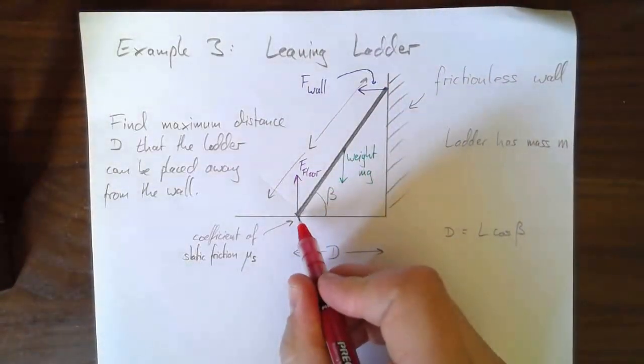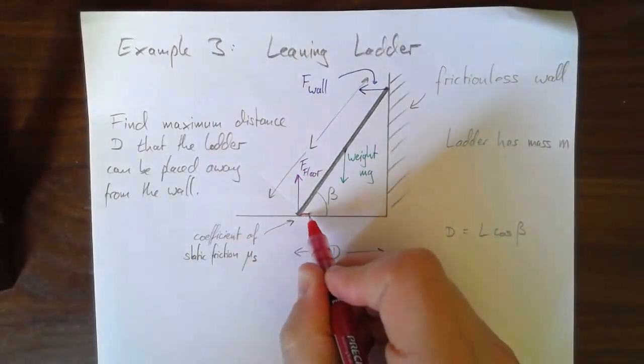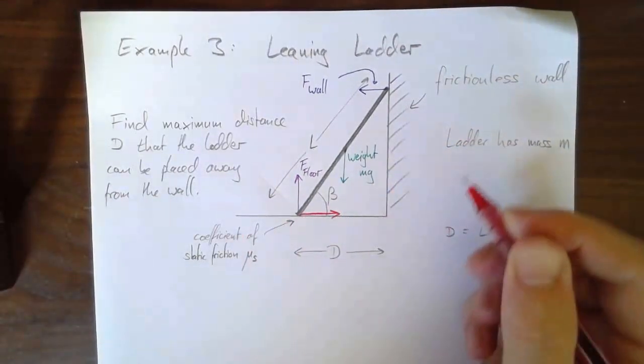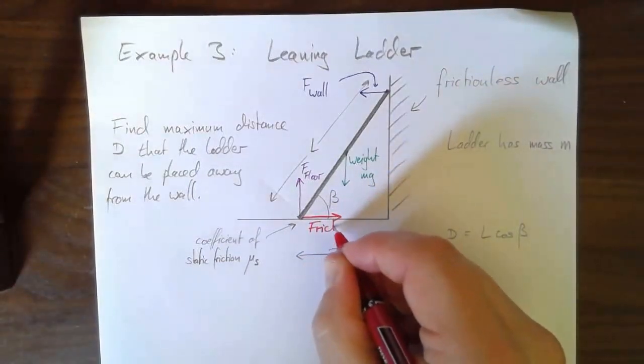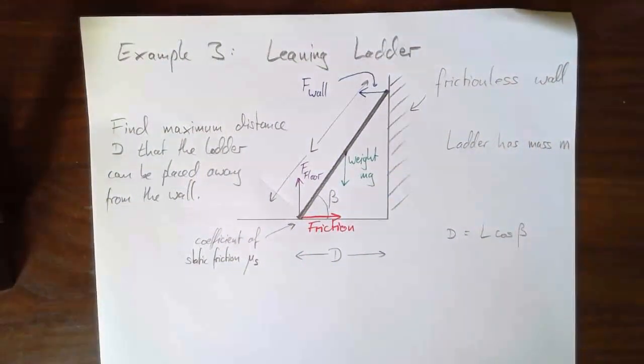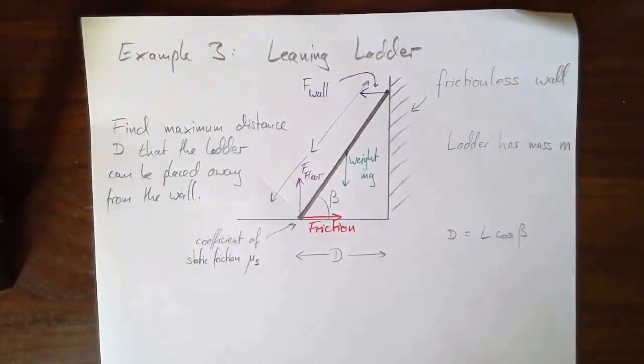So this part of the ladder wants to move to the left. The force of static friction is going to be to the right. I don't know how big it is. Those arrows really just show me the directions. I don't know what the magnitudes are yet.